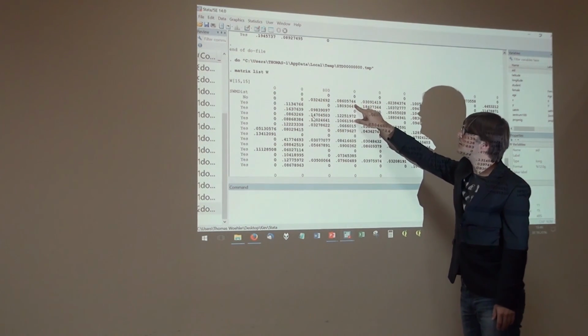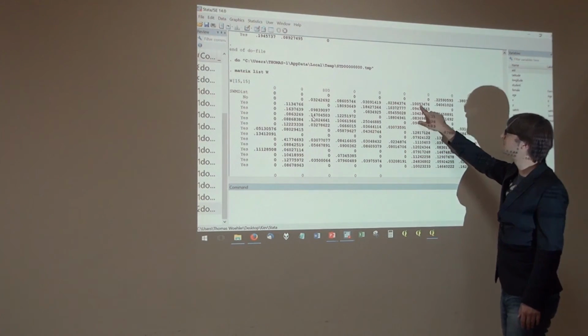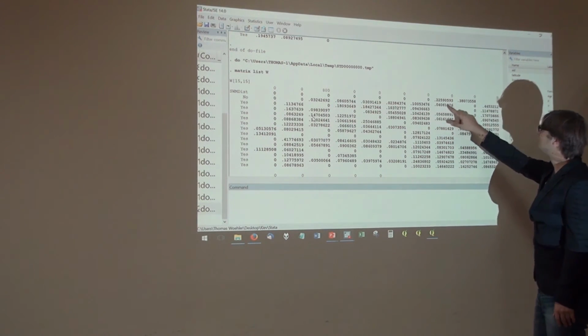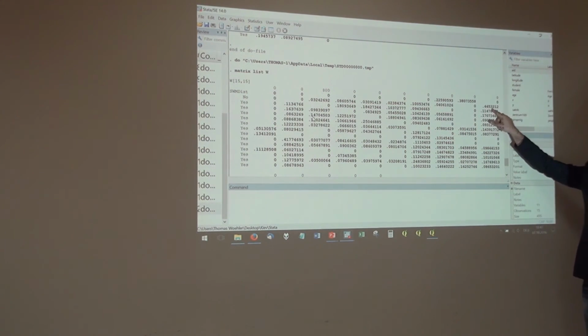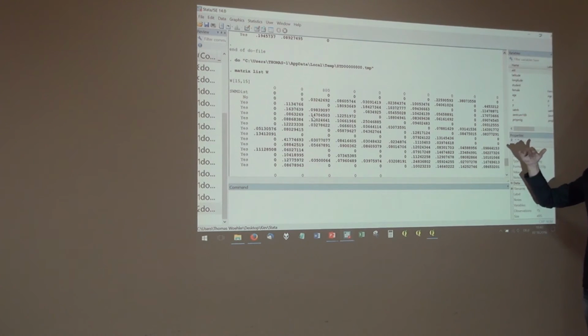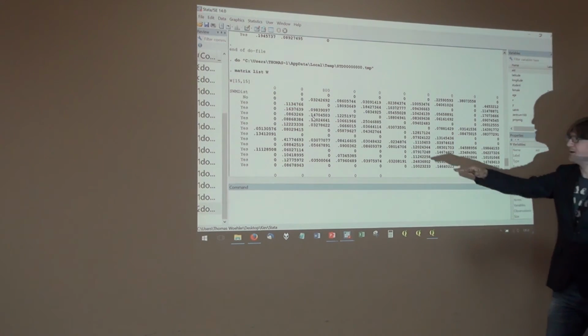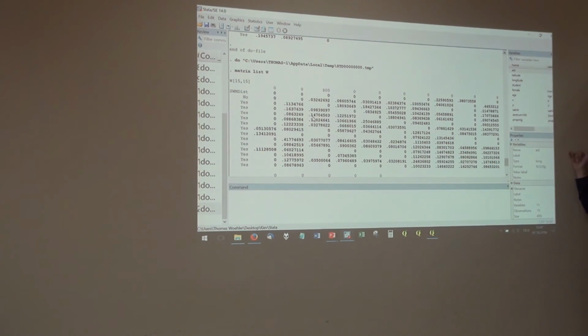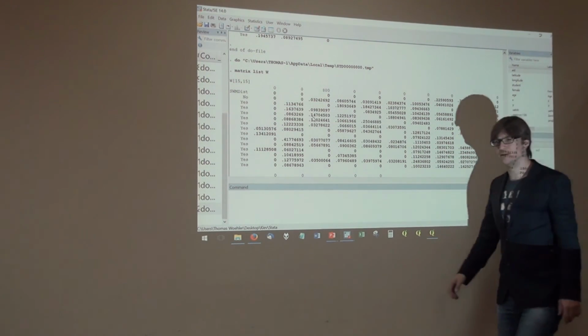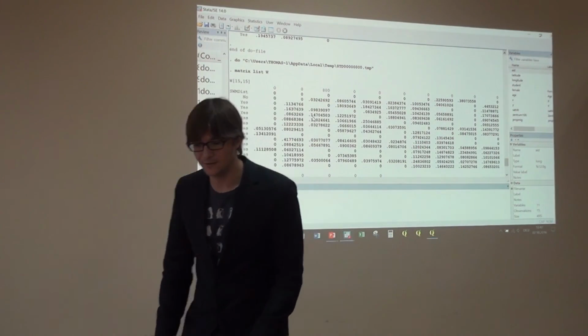It's very low, 0.08, 0.03, 0.1. This is already larger, and this is probably the closest neighbor and has a value of 0.44, because it's standardized to 1, it adds up to 1. It's quite a big influence, a very influential neighbor, so to say. So every row would sum up to 1, and you get all the different values.